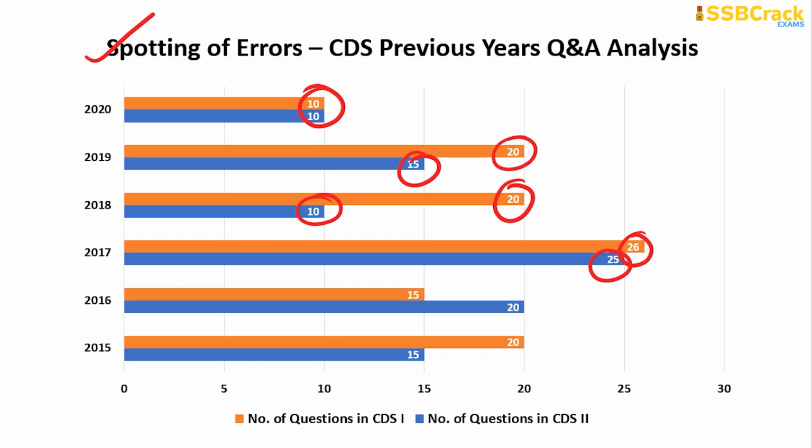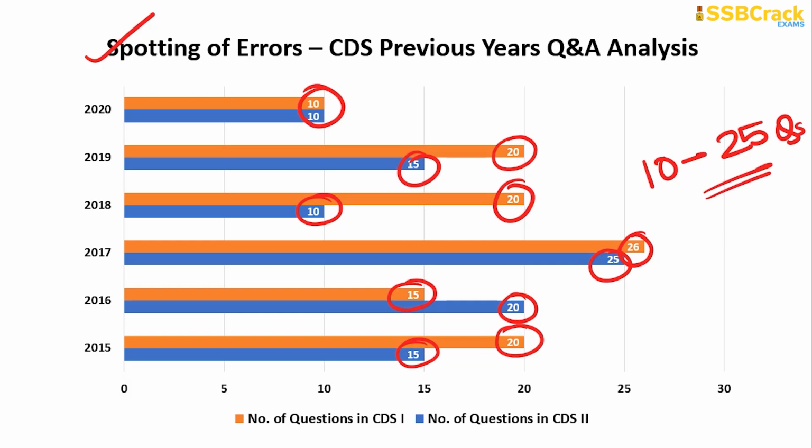15 questions came from spotting of errors in CDS 1 2016 and 20 in CDS 2 2016. In CDS 1 2015, and 15 questions also came in CDS 2 2015. So you can expect at least 10 to a maximum of 25 questions from this topic.